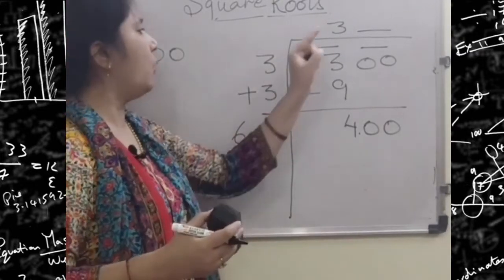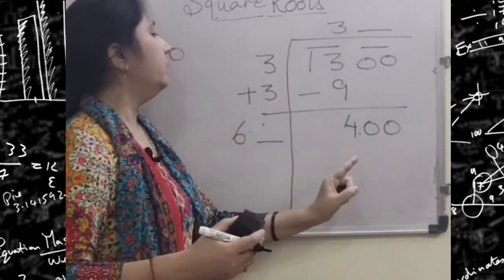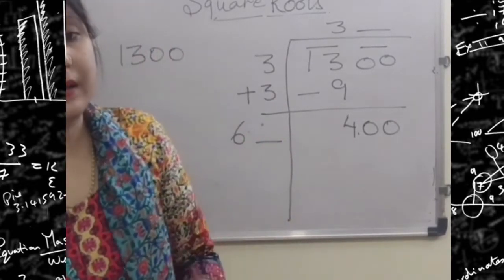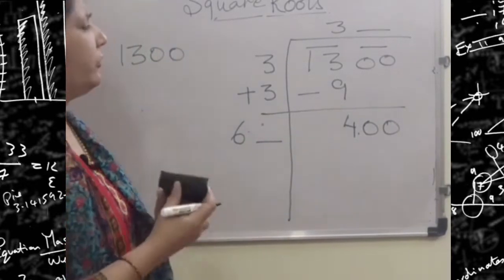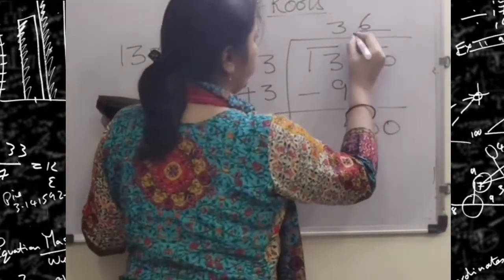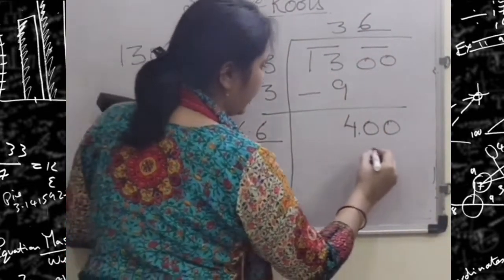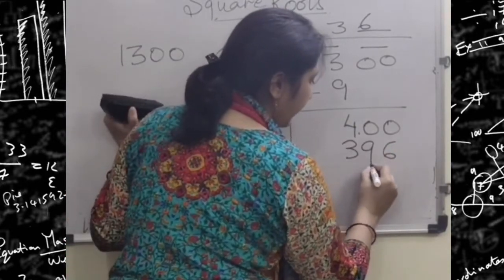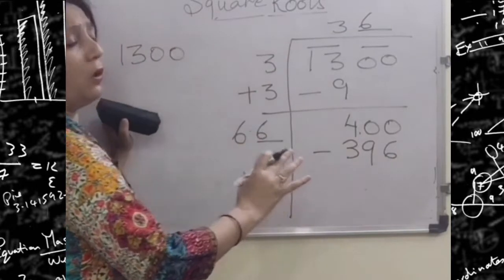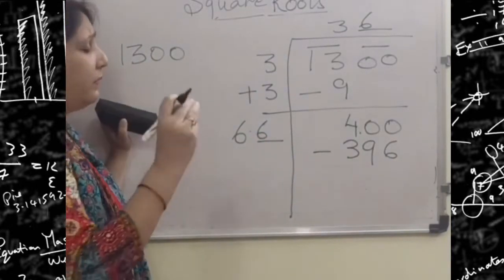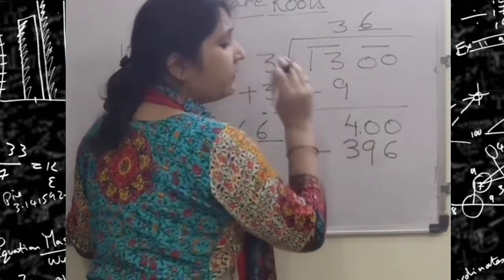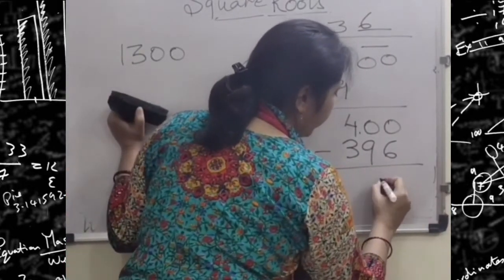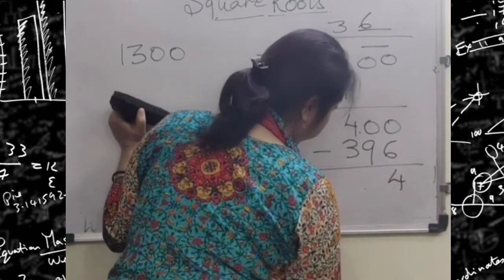If you take 4, what will happen? 256, less than that. Let's try for 6. What will happen? 6 sixes are 36 plus 9, quite close, or we must say it is the closest number to 400. And now we subtract, so remainder is 4.